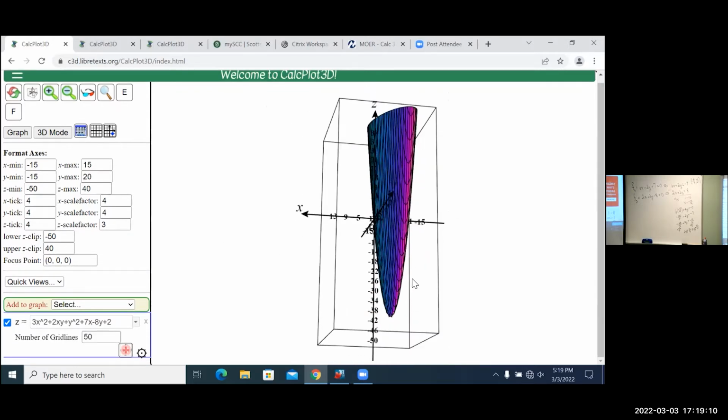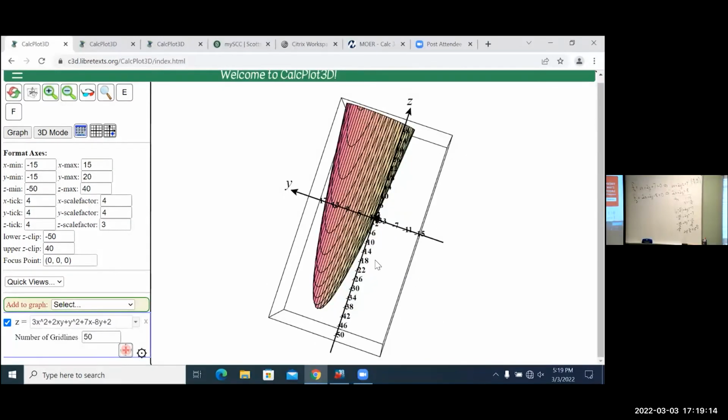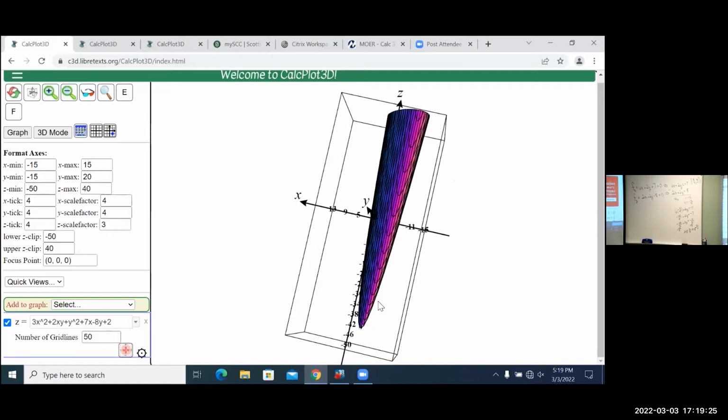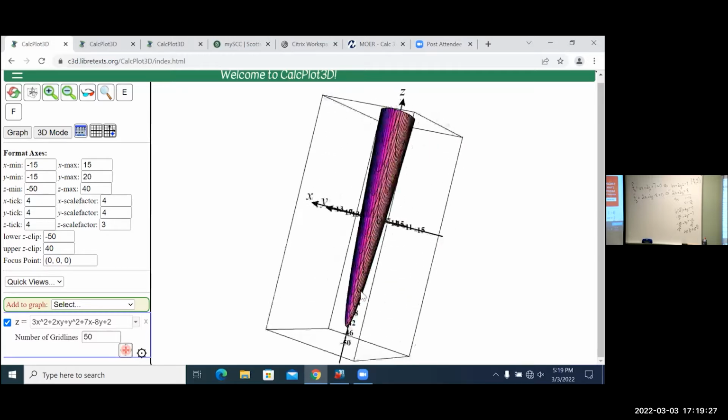We can see that it has a minimum, and if we look at where that is, the y is positive, the x value is negative, just like we would expect. We can see that this is a place where our gradient is 0, down here at the bottom.